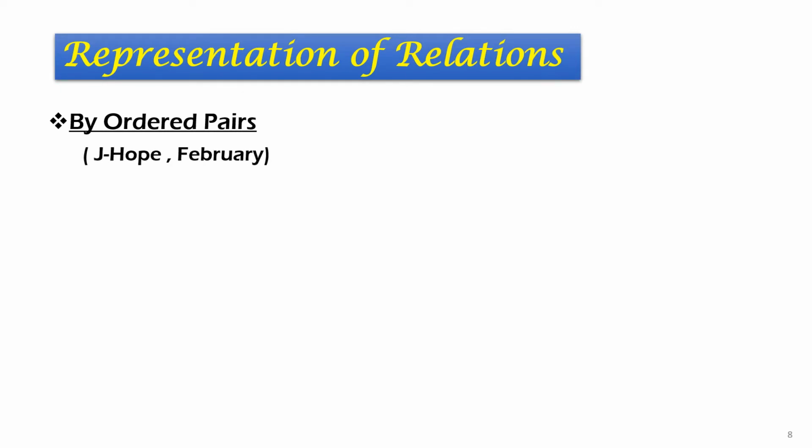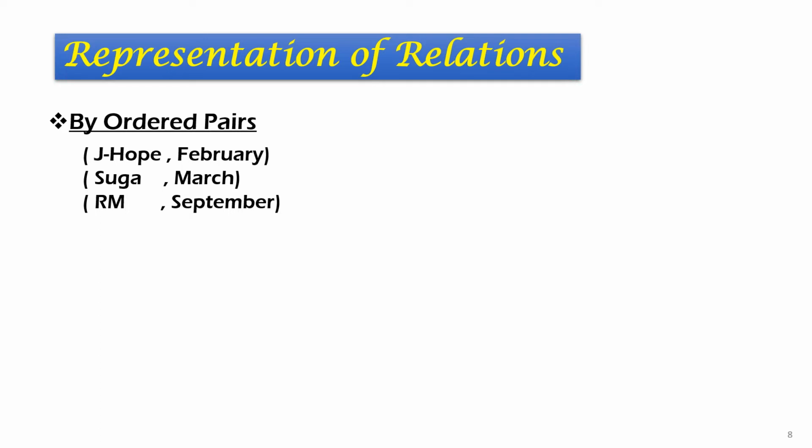Now, there are different ways to represent a relation. First one is by ordered pairs. So, ito yung ginamit natin kanina, ordered pair. For an example, (J-Hope, February), (Suga, March), (RM, September). So, they are denoted using parentheses, and the values inside a parenthesis are separated by a comma.